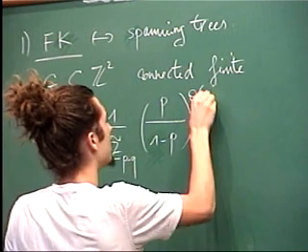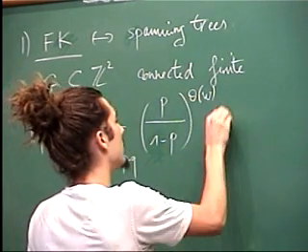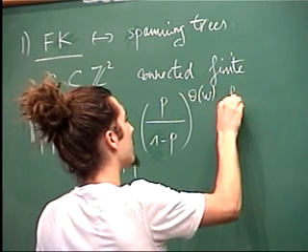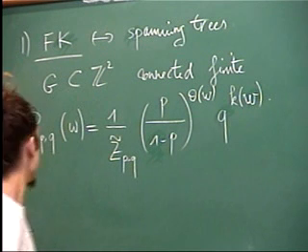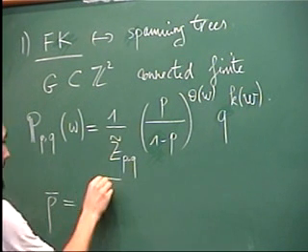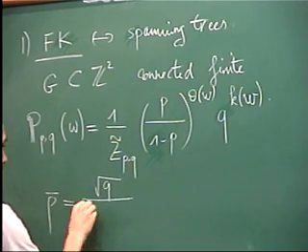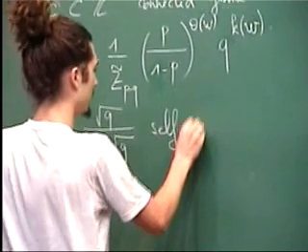Here I denote by o the number of open edges, and q is to the power of the number of connected components, k. So I'm going to take a particular value of p, which is square root of q over 1 plus square root of q, which is the self-dual value.